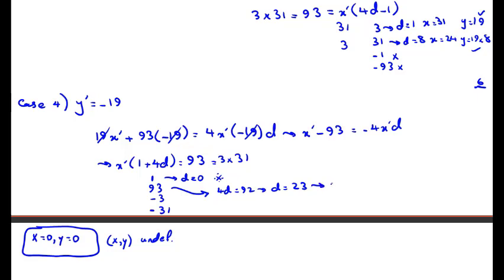So here we find another answer. It's 93, it will be 1. So x will be 23 and y will be negative 19 times 23. Another answer. So 6 answers, 1 answer here, 7 answers here. So we have 8 answers. So the number of answers equal to 8. So the answer of this problem is 8.